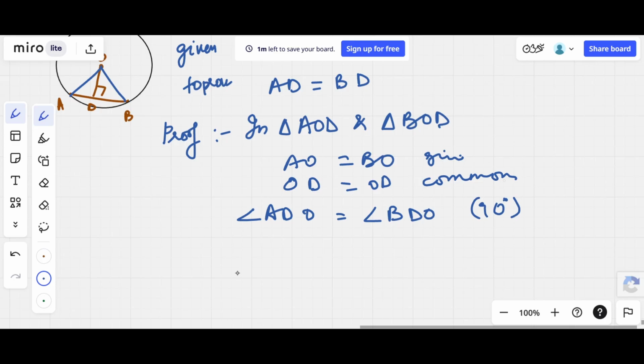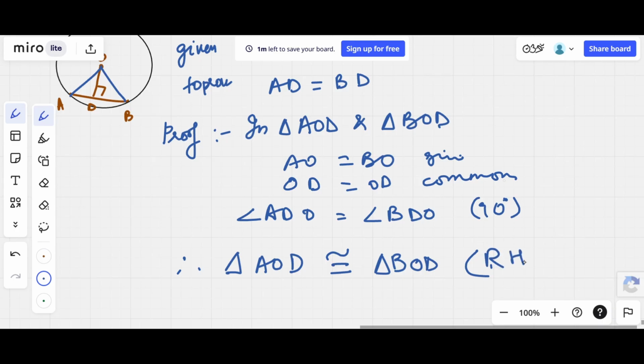So by which property is triangle AOD congruent to BOD? How? SSA. Are you sure? Look at the diagram once again. Who can tell me how is it congruent? SAS. Ma'am, is it right angle? Ma'am, RHS. RHS, superb. Right.